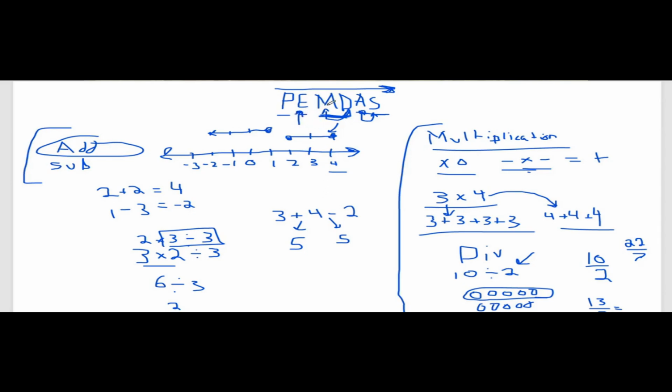Why do exponents come before multiplication and division? Well, if we think about multiplication and division as just a longer form of addition or subtraction, then exponents are also very similar in that they are a higher form of multiplication.